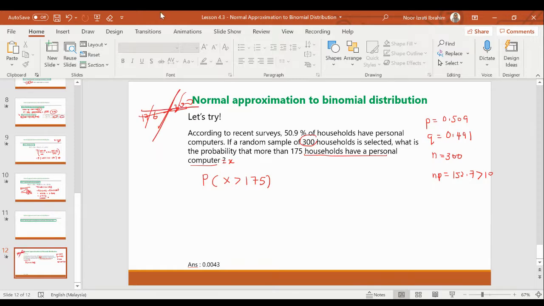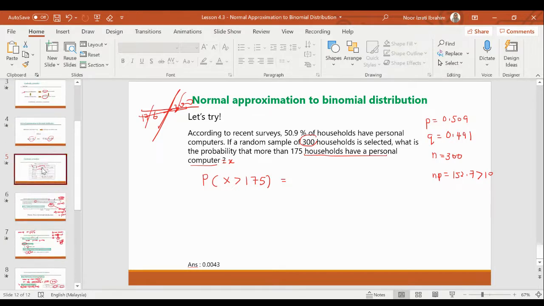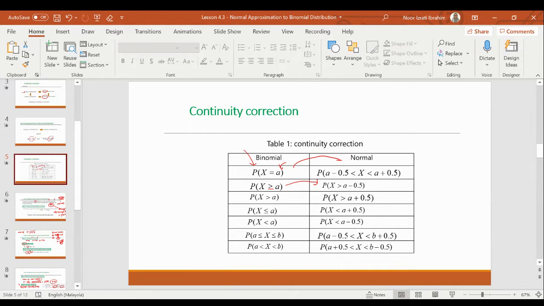Use normal approximation. So step one, when you use normal approximation, is you have to transform the discrete random variable to continuous random variable. How? You have to do continuity correction. So go back to the table of continuity correction. Now we have x greater than.